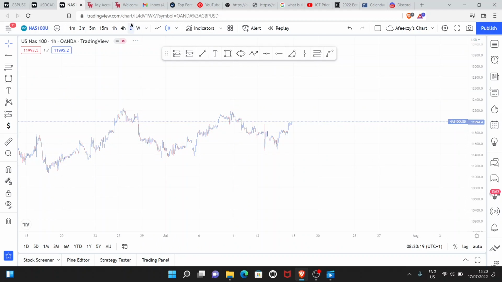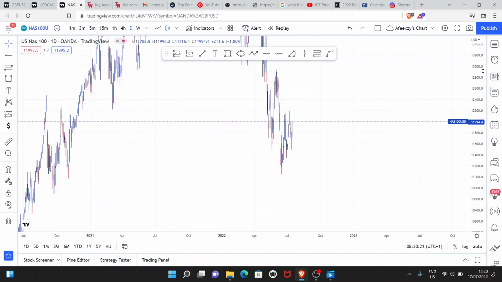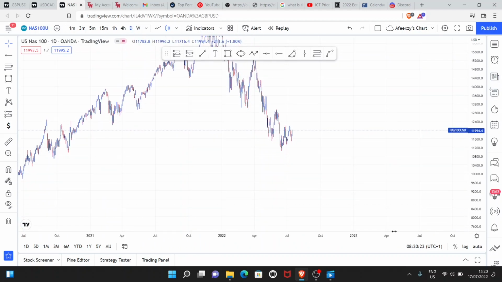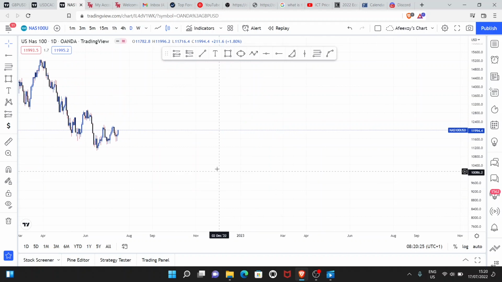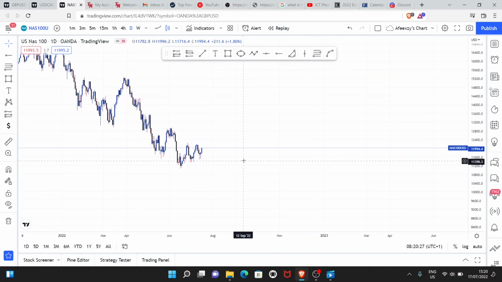So on Nasdaq, I can see here it also grabbed the liquidity before it started moving up, but since then it has been moving up.